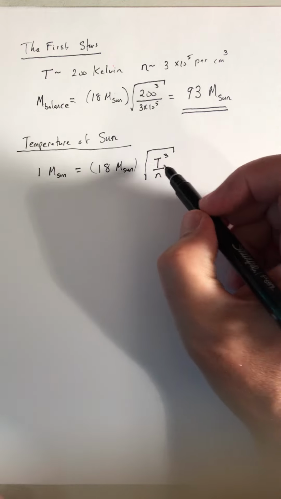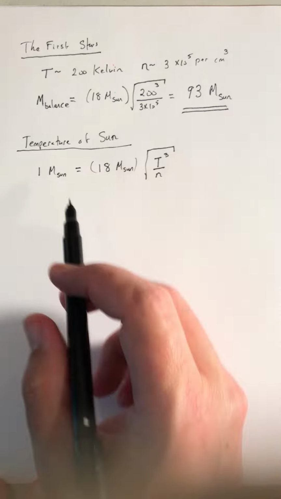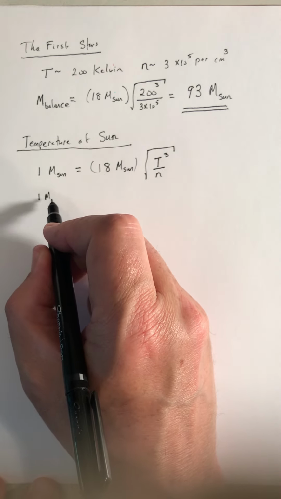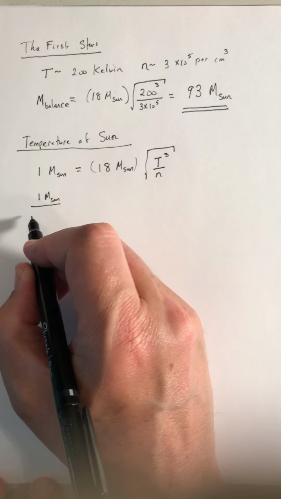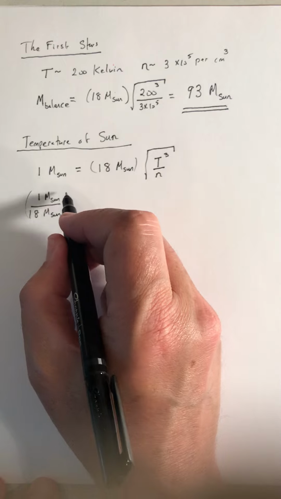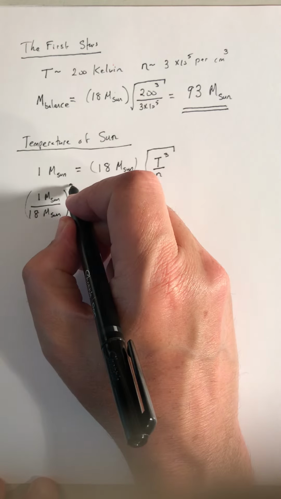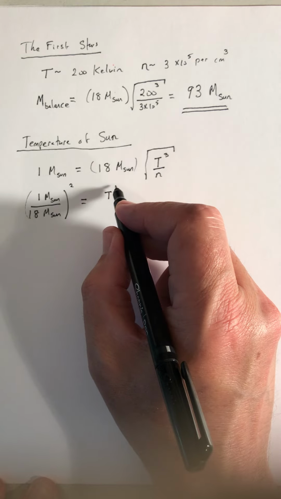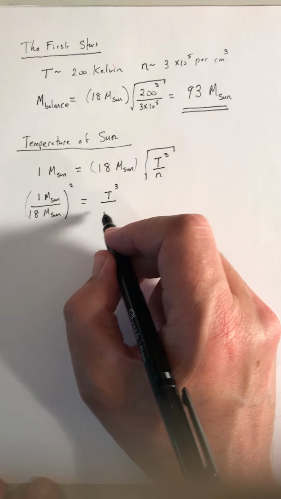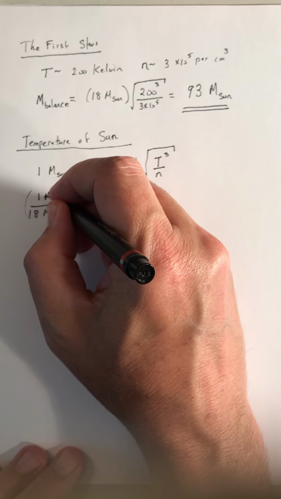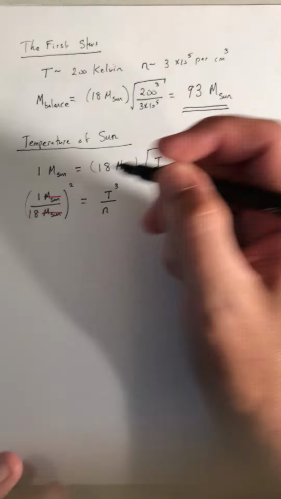All right, so I want to get the temperature by itself. 1 times the mass of the sun over 18 times mass of the sun. And then I'll square that to clear the square root. It's going to equal temperature cubed over the number density of particles. And mass of the sun cancels out, top and bottom.